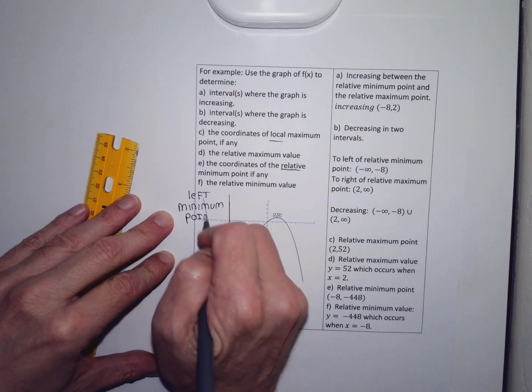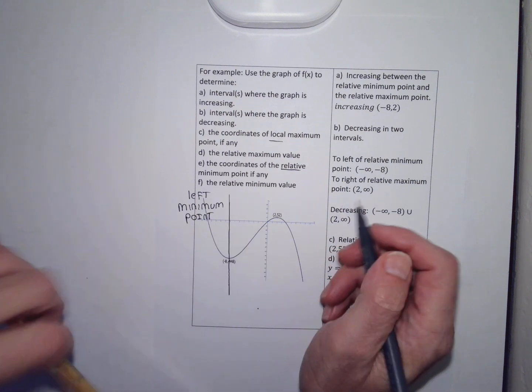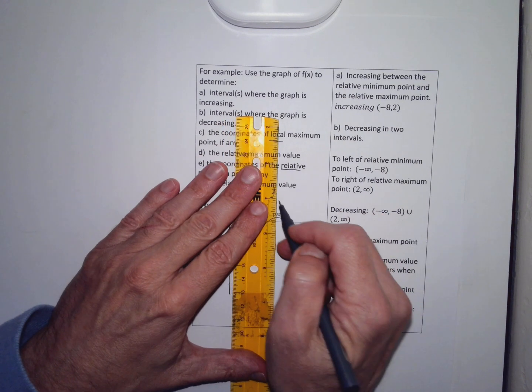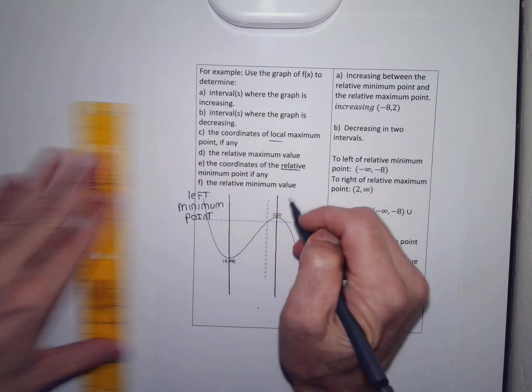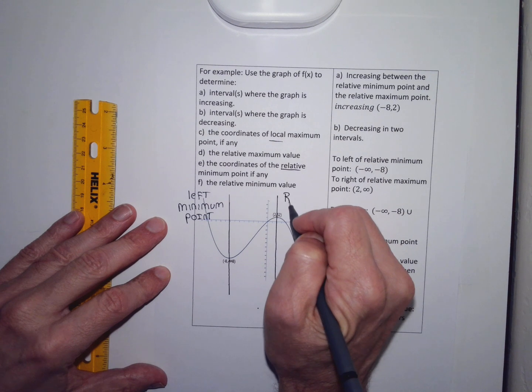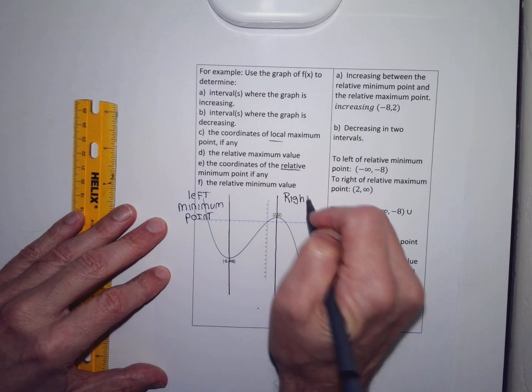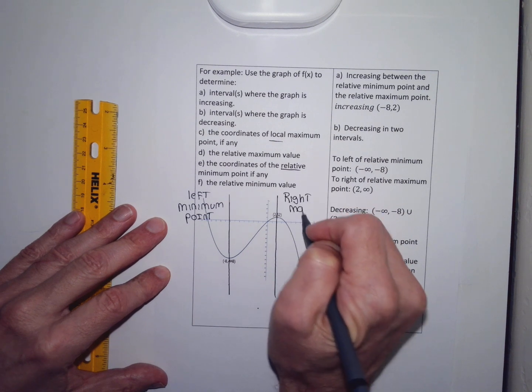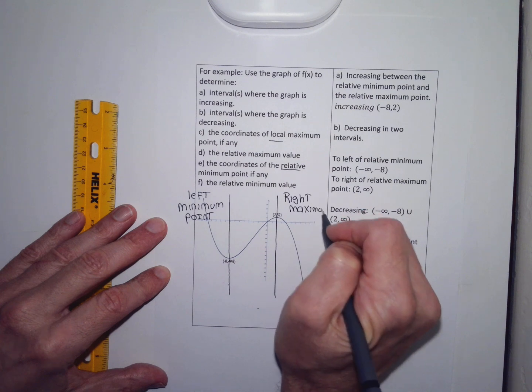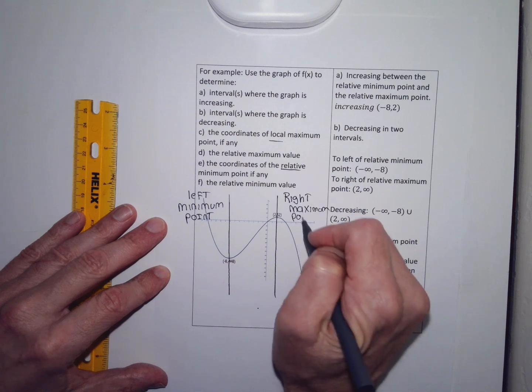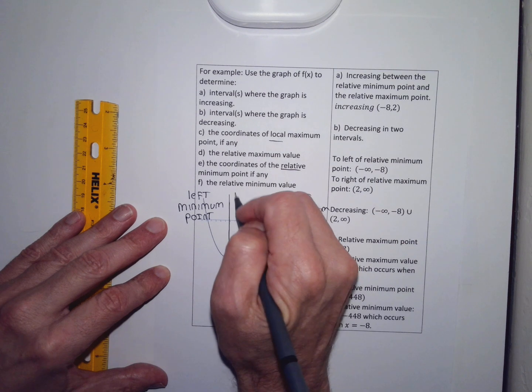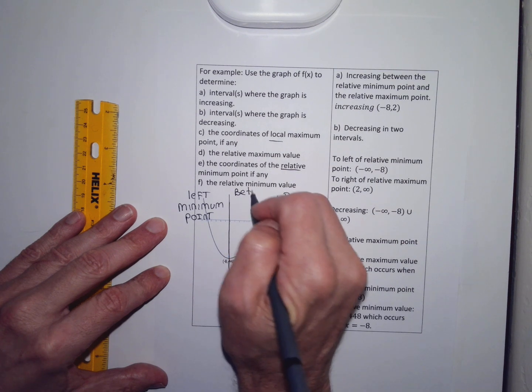It's not necessary. I also need to focus on the region to the right of this maximum point. And I need to know the region between the maximum and the minimum point.